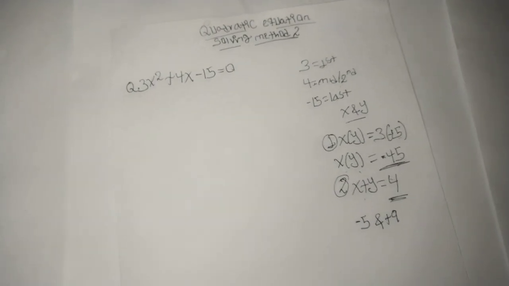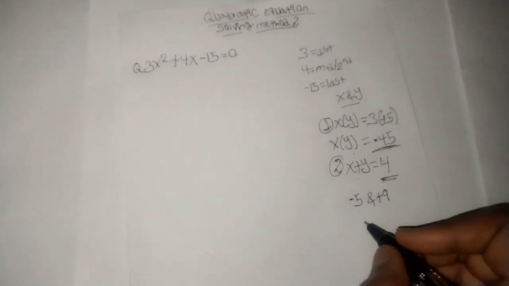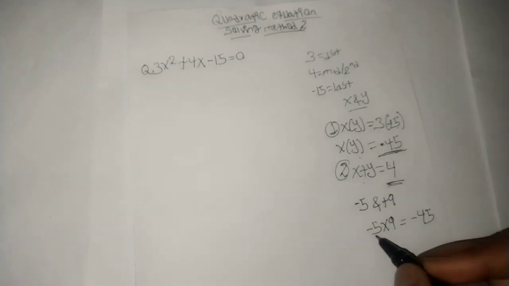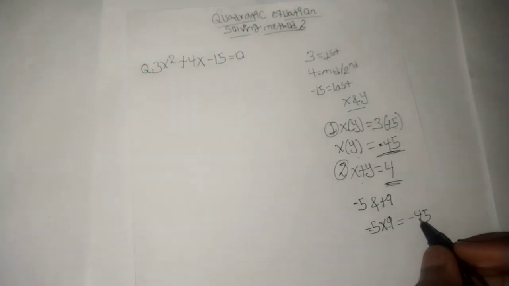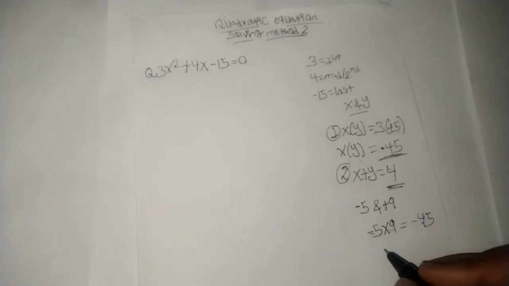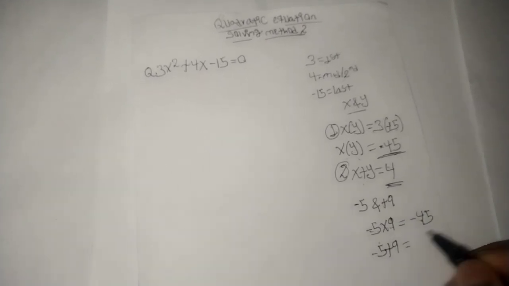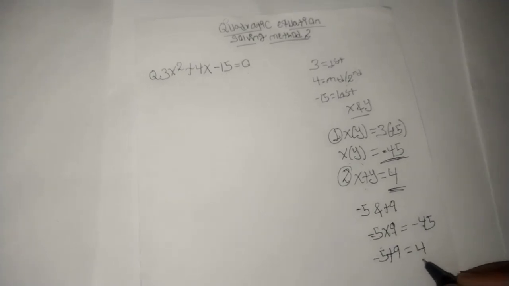If you want to check it out, we already said that x multiplied by y is equal to negative 45, so negative 5 multiplied by 9 gives us negative 45, because negative times positive is a negative, and 5 times 9 is equal to 45, while negative 5 plus 9 also gives us positive 4.